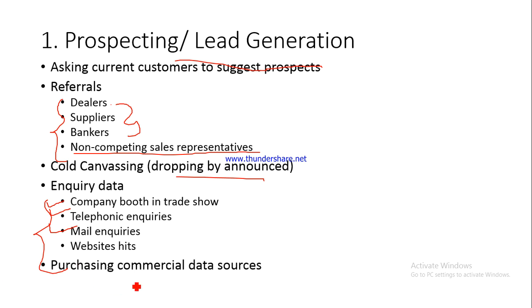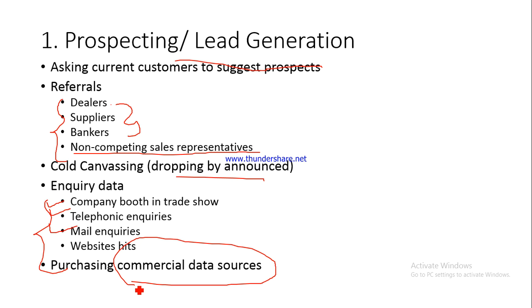And then you can always purchase commercial data sources. Now what do we mean by commercial data sources? Some entities, some organizations, collect and maintain a database of prospects. For example, if I want students to take admission into BBA, I can buy such a database which is maintained by different organizations.